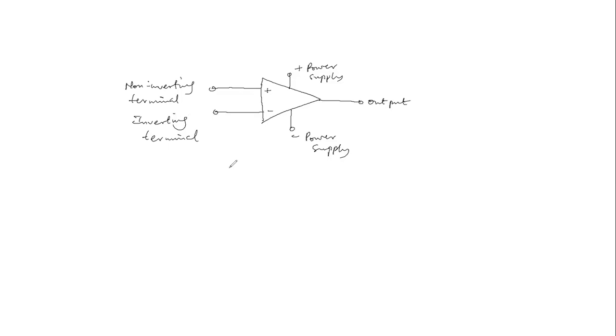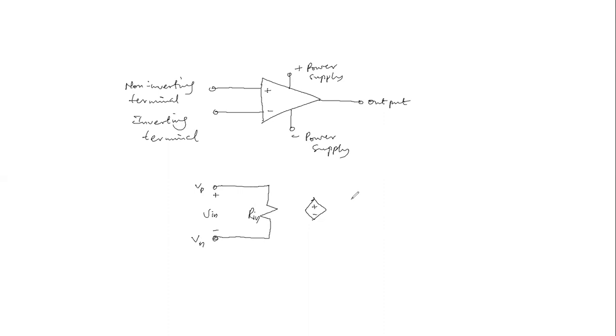The second model of the operational amplifier, just like we already discussed, looks something like this, where we have the input resistance Rin, and then the amplified voltage. Here we have the input voltage, positive and negative. This is the non-inverting terminal Vp, and this is the inverting terminal Vn.